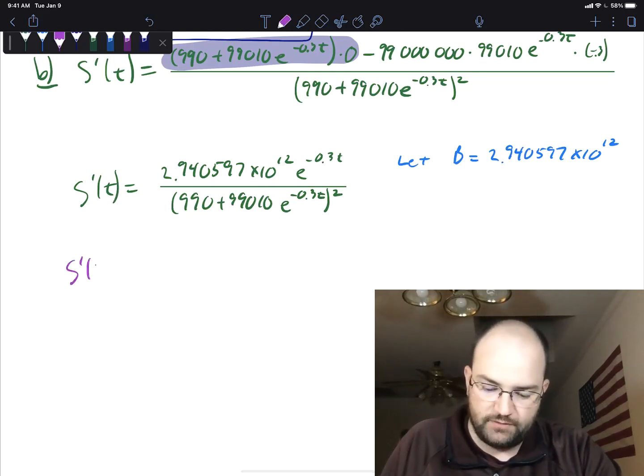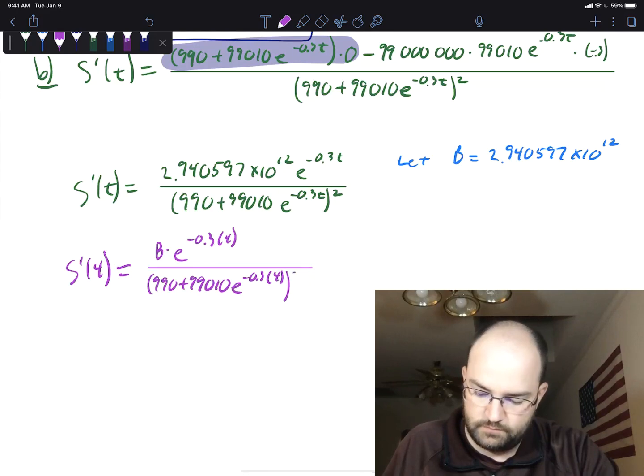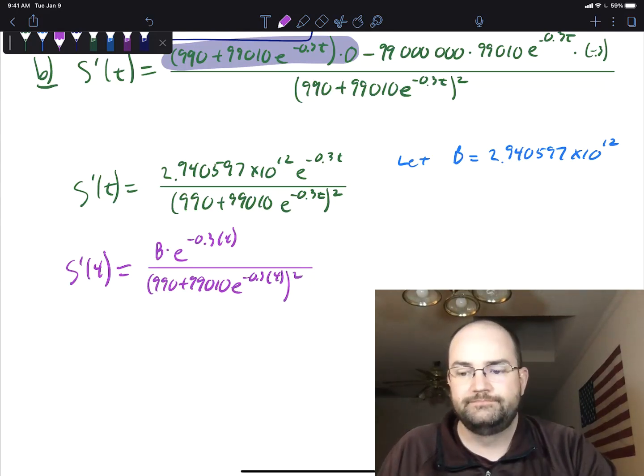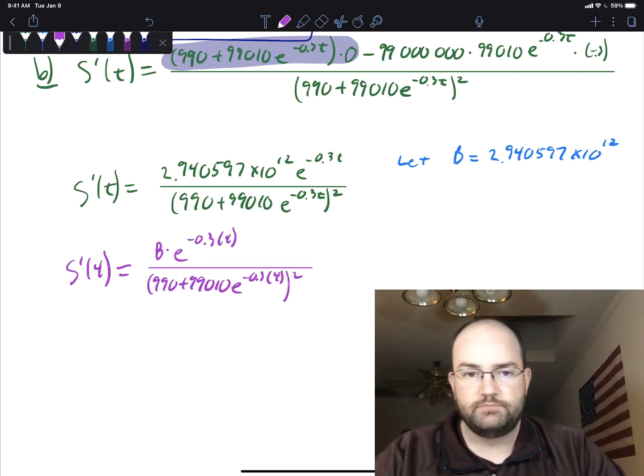So S prime of 4 is going to be that b times e to the negative 0.3 times 4, and then all over the denominator squared. So 990 plus 99,010 e to the negative 0.3 times 4, all squared. Excellent. I'm just going to type this in.